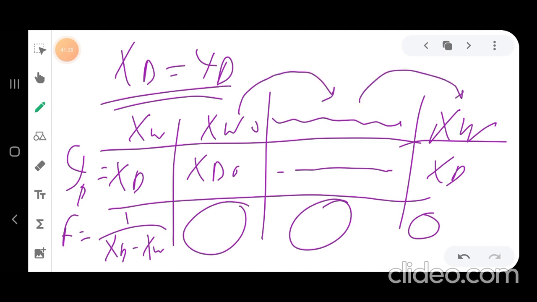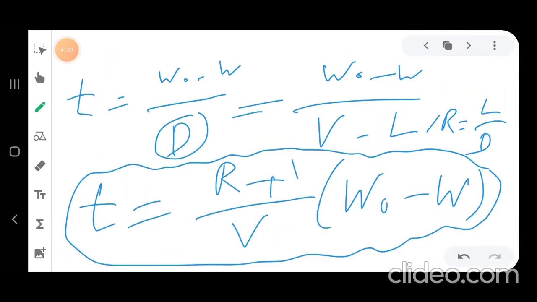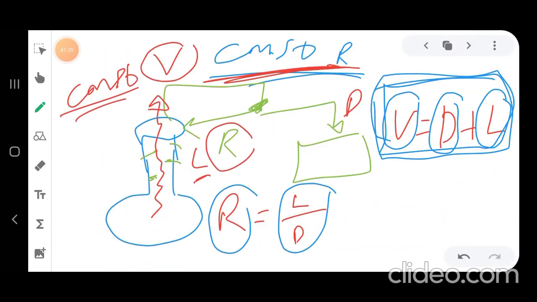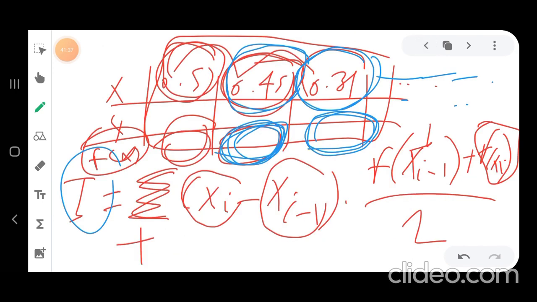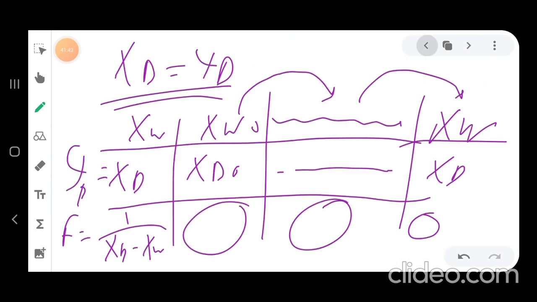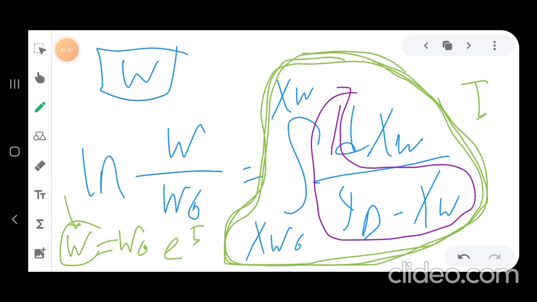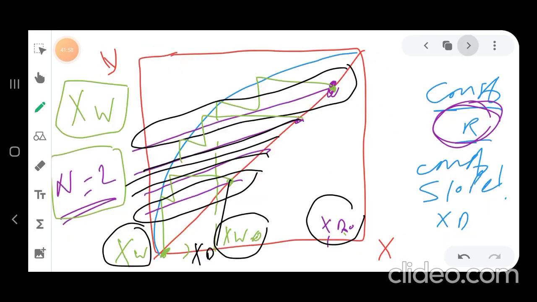So you need to use the trapezoidal rule based on unequal intervals in order to integrate. Then once you integrate, from the exponential of the integral you can get your w. So that's it. This is for the batch rectification with constant r.